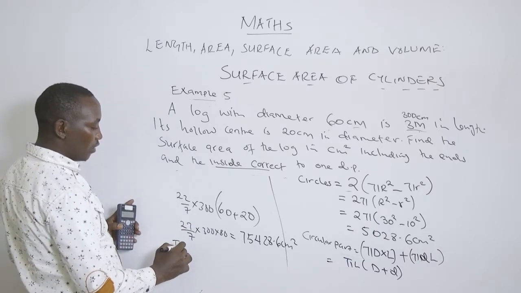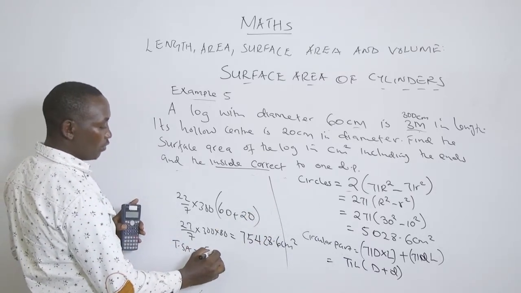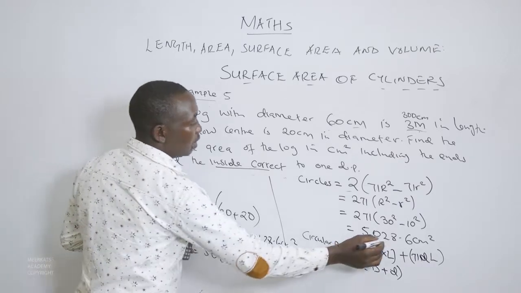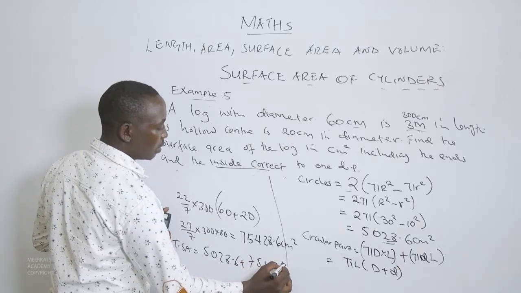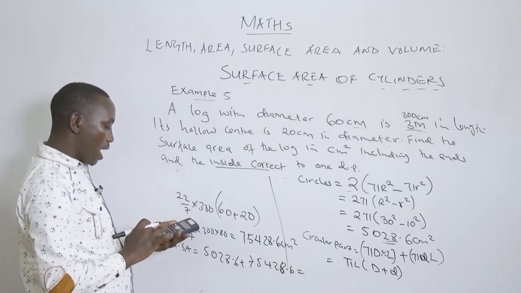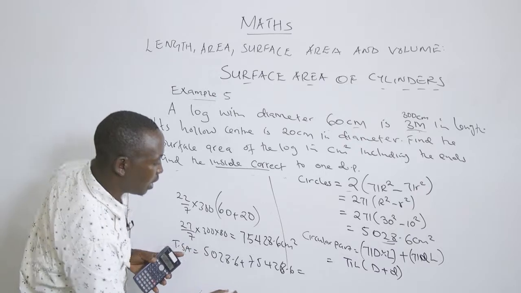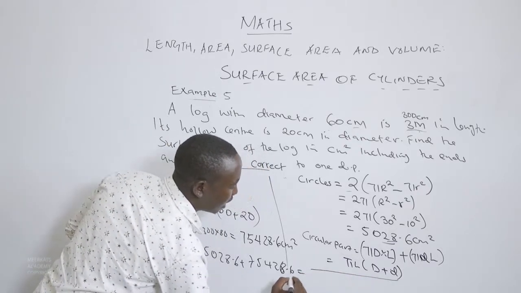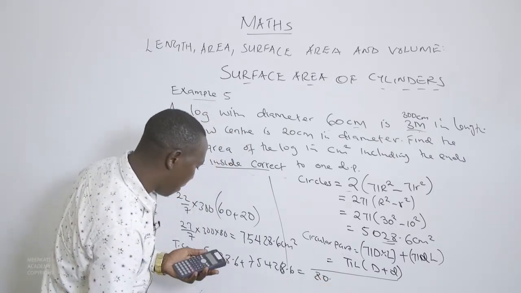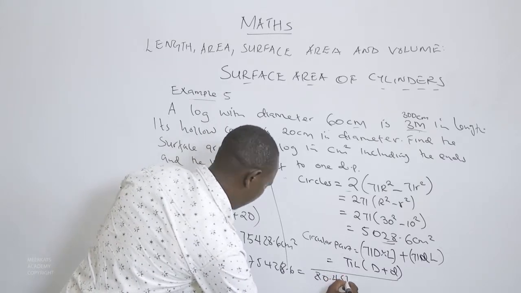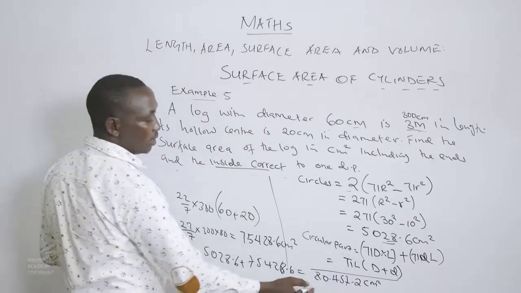If you want to get the total surface area, you add the area of the circular parts, which was 5,028.6, plus 75,428.6, which will result to 80,457.2 square centimeters.